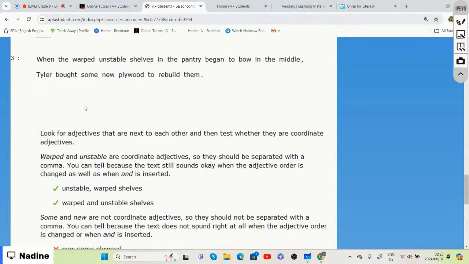All right, so we see that warped and unstable are coordinate adjectives.